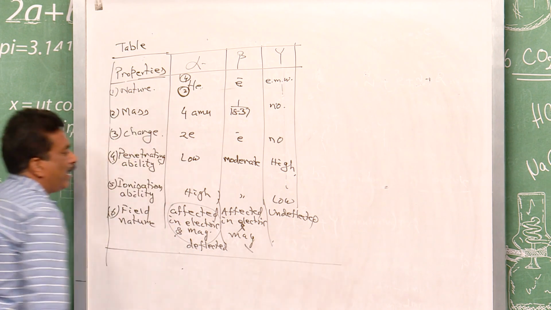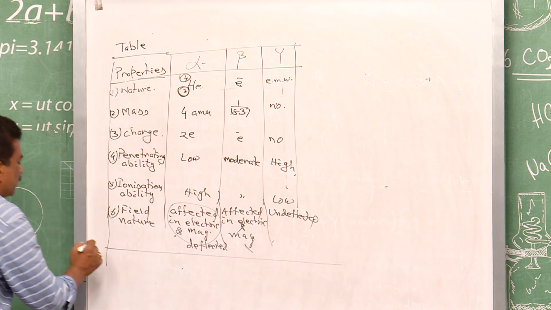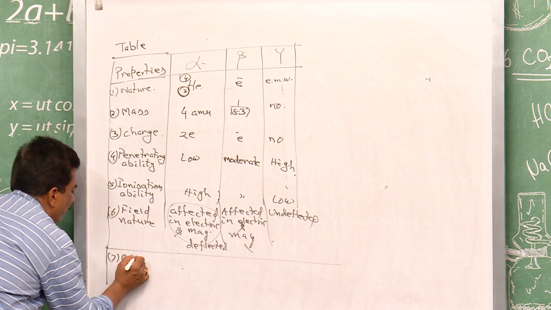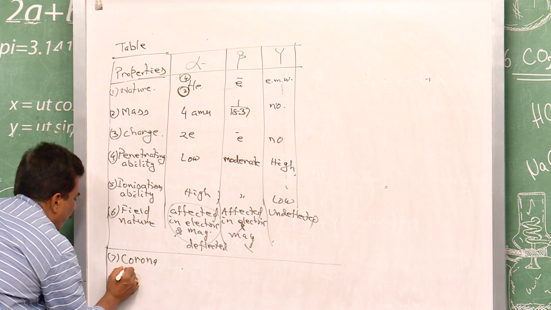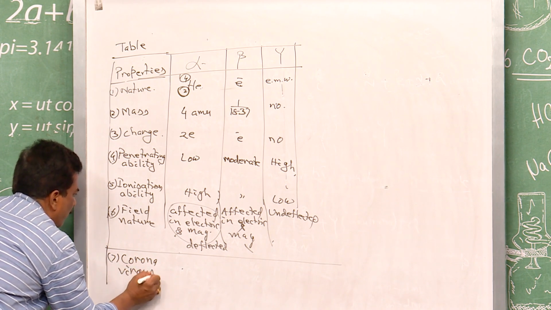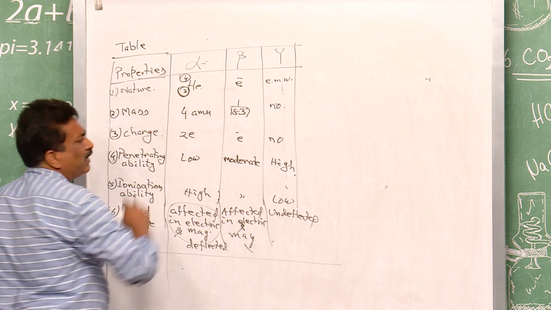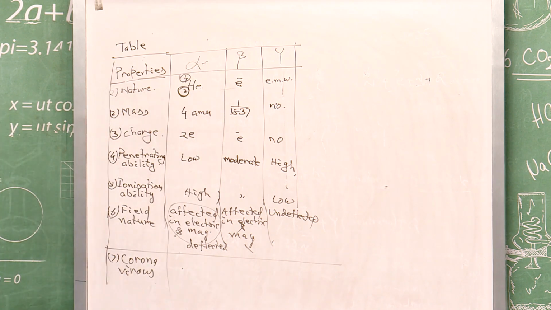And the most important one according to the present situation is the coronavirus. In the coronavirus, you know that there are alpha, beta and gamma also.